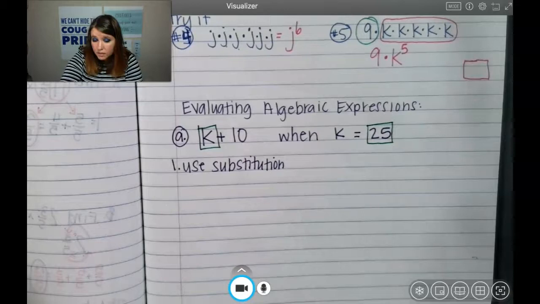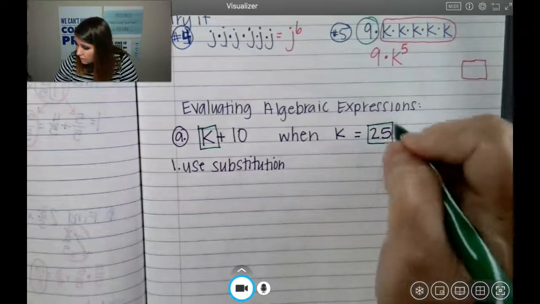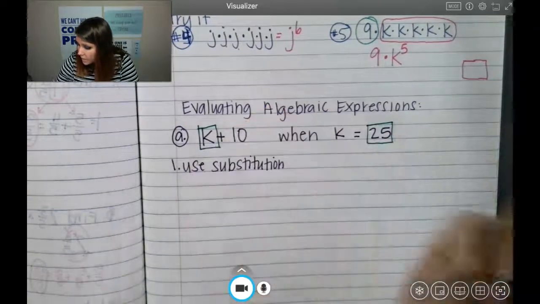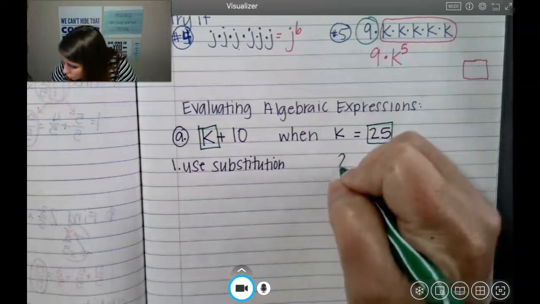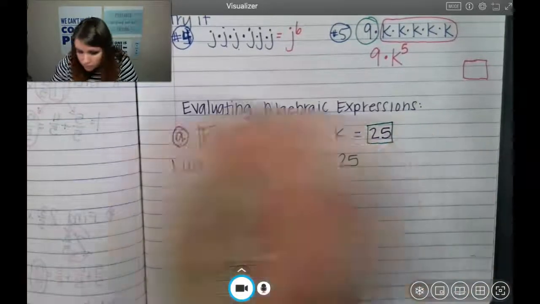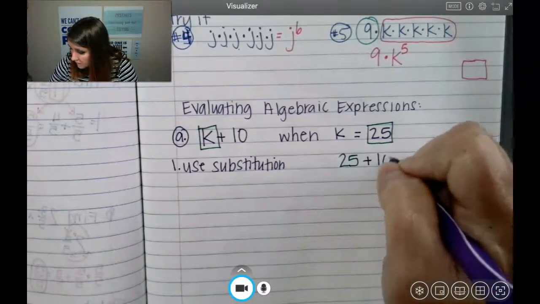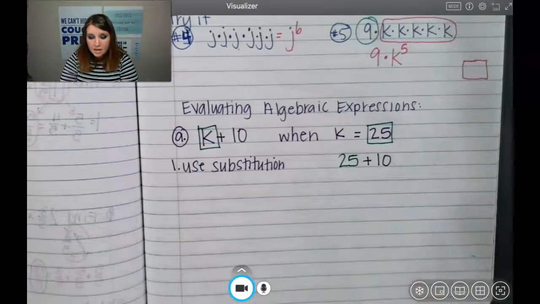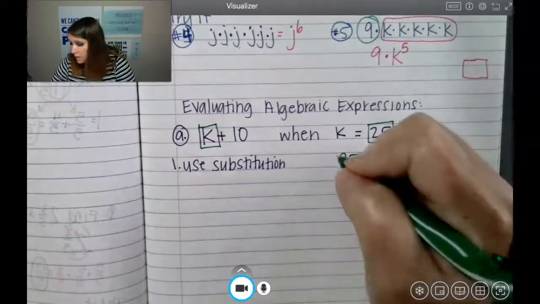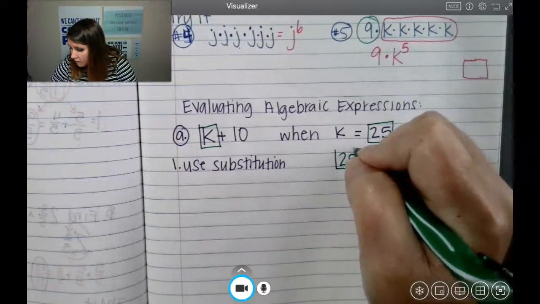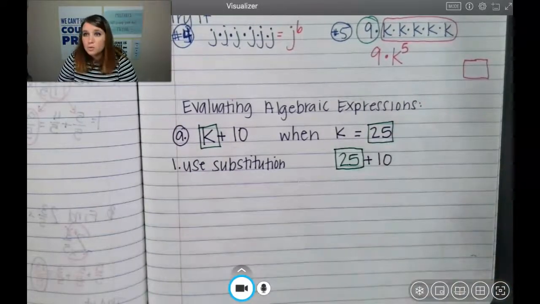So I am going to take this 25 and put it right here. So this now says 25. The rest of it's going to stay the same, plus 10. So where the k was, I now have 25.